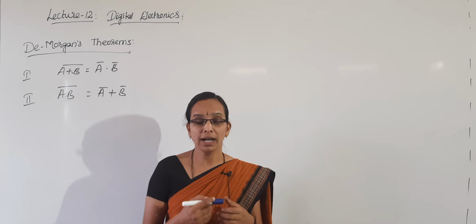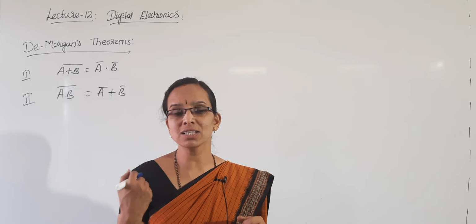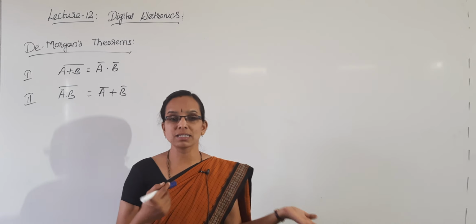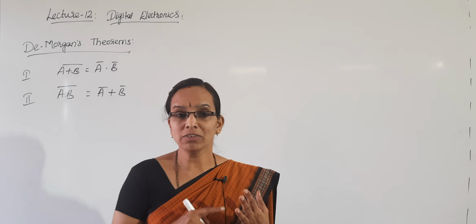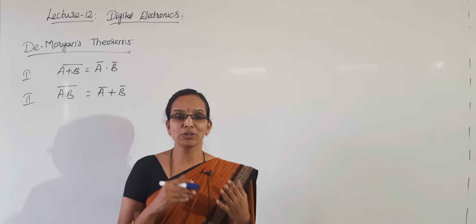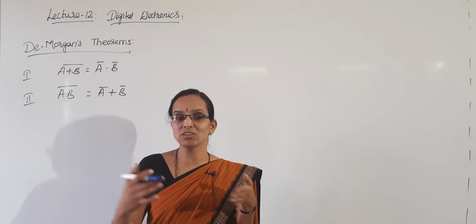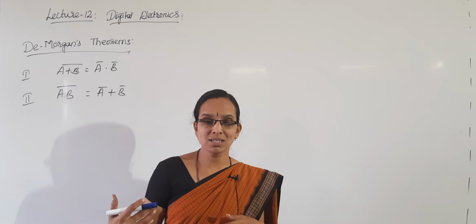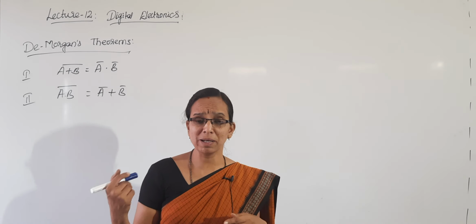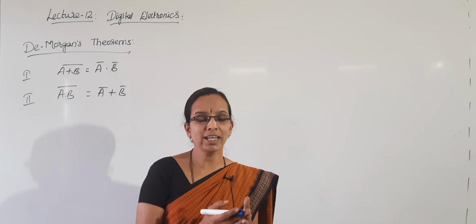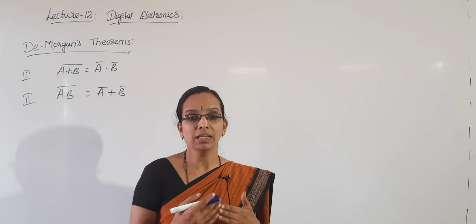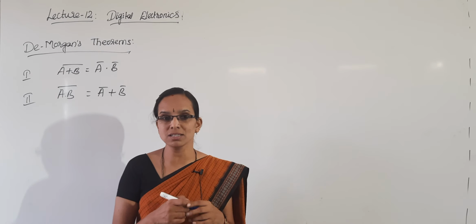This will also be very essential in our further topics as well as in second PUC. In computer science engineering also this will be very essential, because if you learn properly how to simplify Boolean expressions using De Morgan's theorem, that will be very helpful in your further studies.